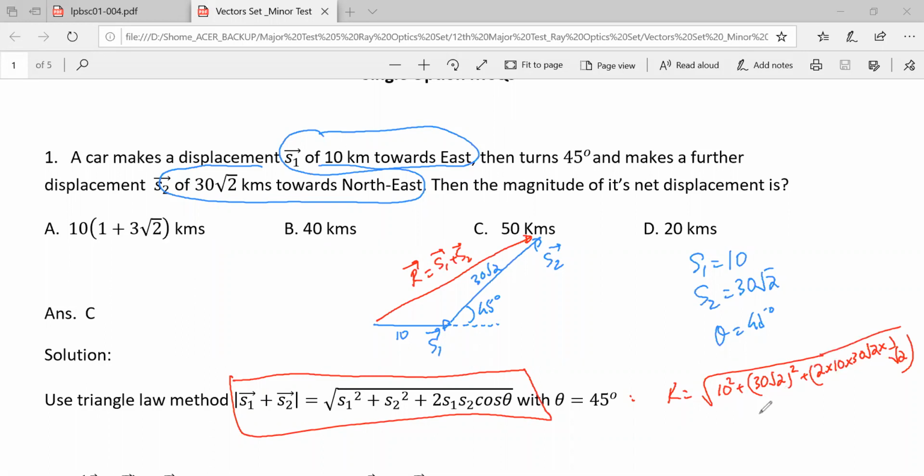So when you calculate this, this will come out to be... so that is why this will be your correct answer. This is a fairly straightforward question, direct application of the triangle law formula.